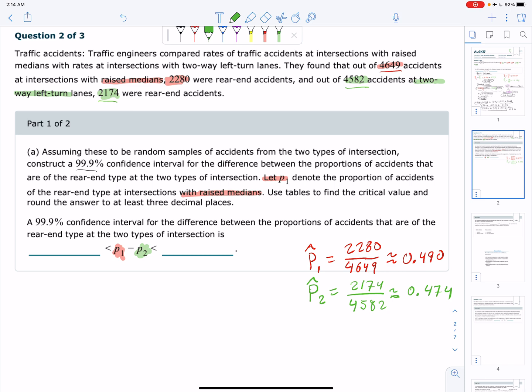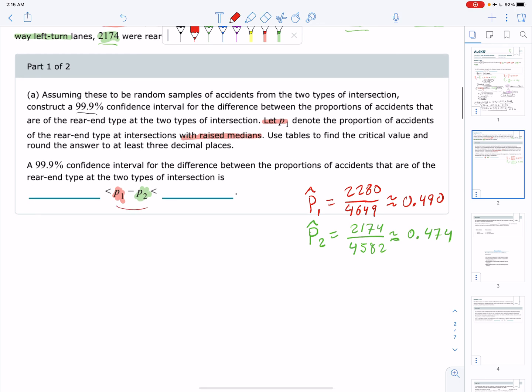Okay, so we're trying to get a confidence interval that includes this difference. The very first thing we want to do is get a point estimate. Remember, this is the population, but we can also sample from that first population, so we get a sample proportion from it.